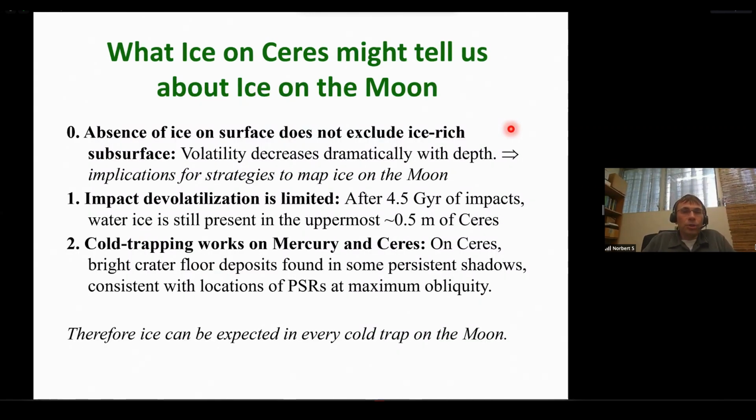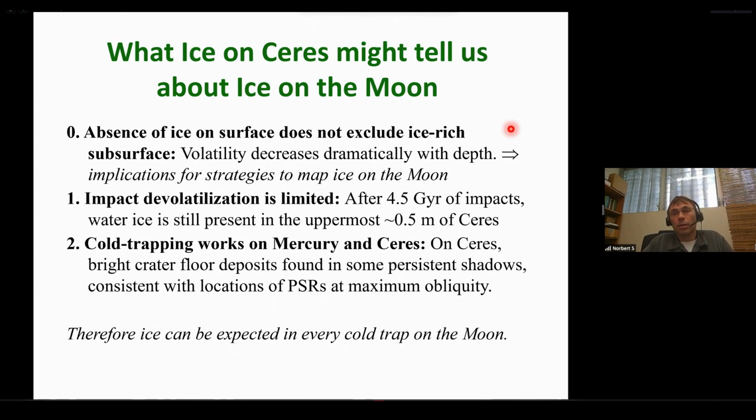So, conclusions: just because the surface has almost no water ice doesn't at all exclude that there is an ice-rich subsurface, shallow ice in the subsurface, with implications for what technique we would choose to map ice on the moon.